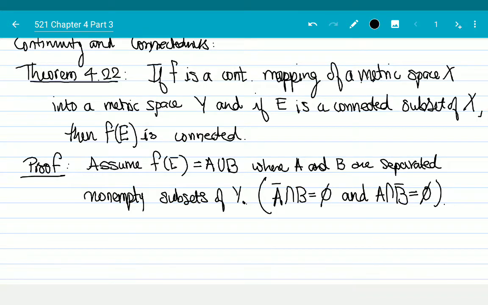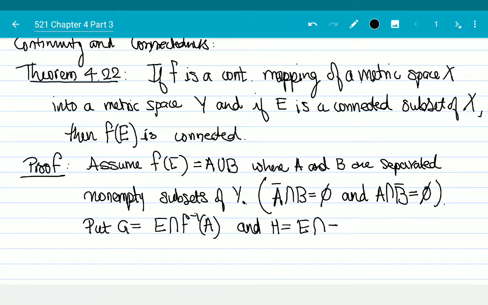You can have an intersection of their closures, but individually, none of these sets should intersect with the closure of the other. Let G be equal to E intersection f inverse of A, and H equal to E intersection f inverse of B.